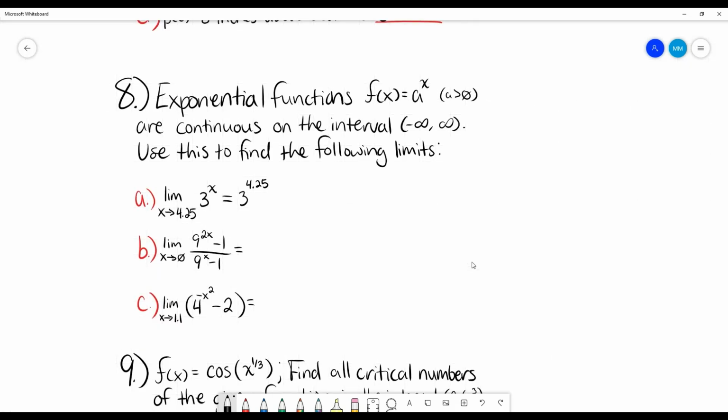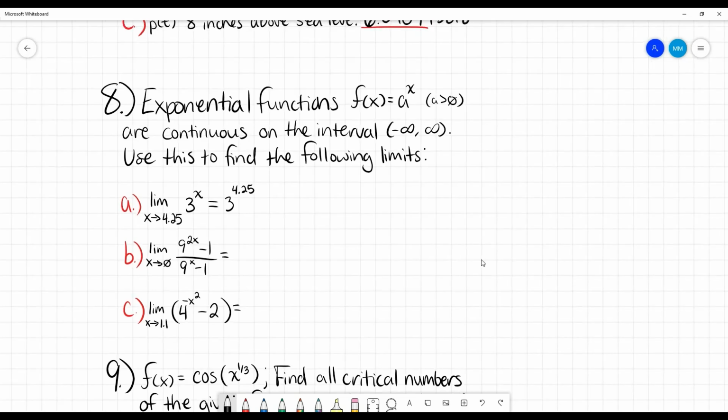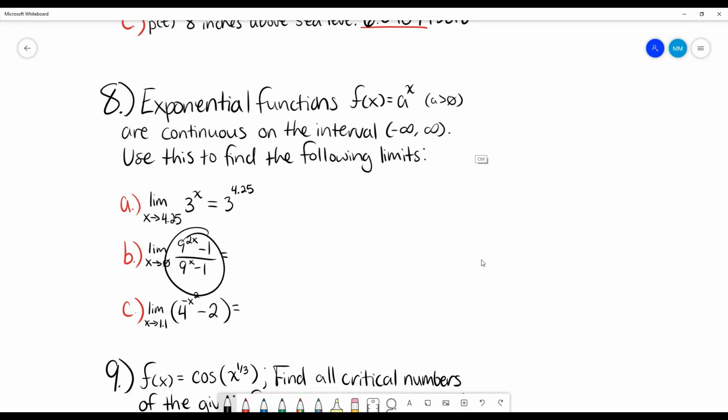For this next one, this is not in the same form, right? And if I plug in a 0, I will get 1 minus 1 over 1 minus 1. I'll get a 0 on the denominator, and I'll get a 0 on the top. So it's an indeterminate form. So what I have to do instead is manipulate this a little bit.